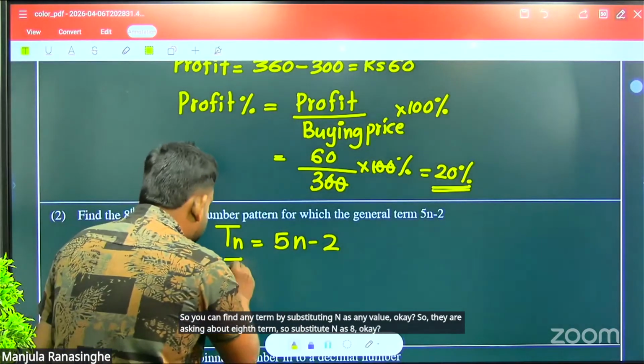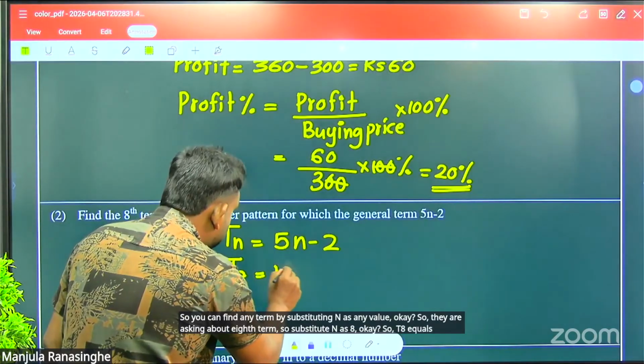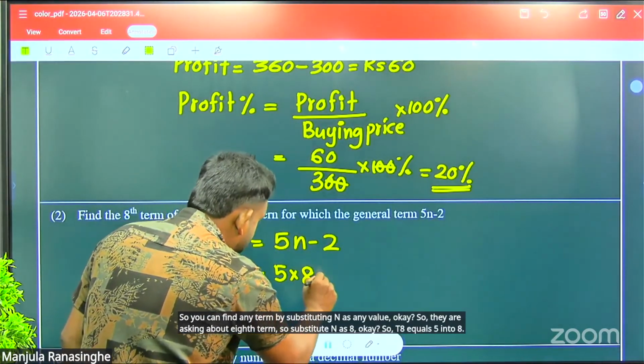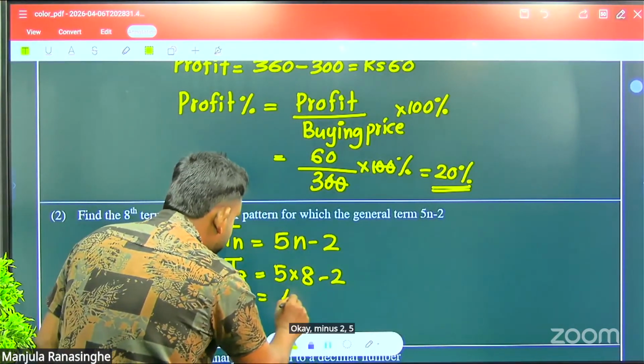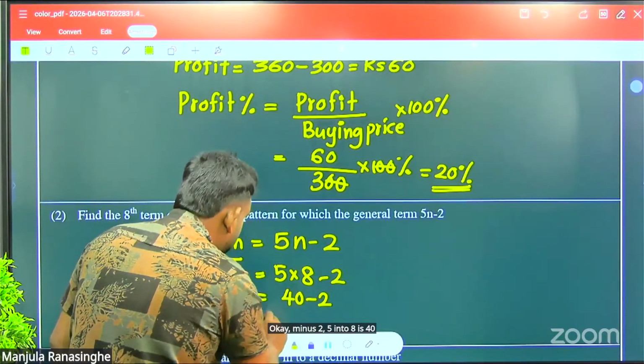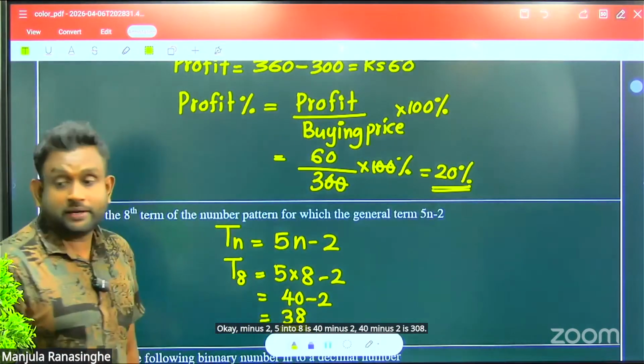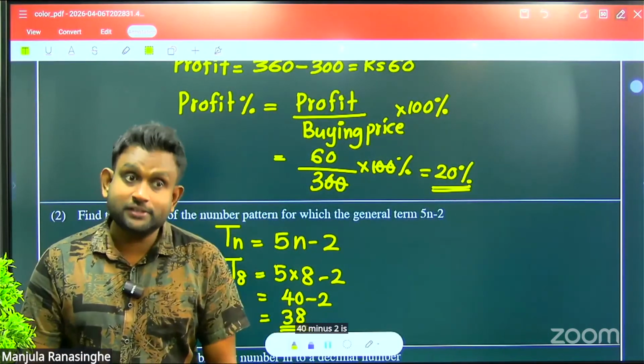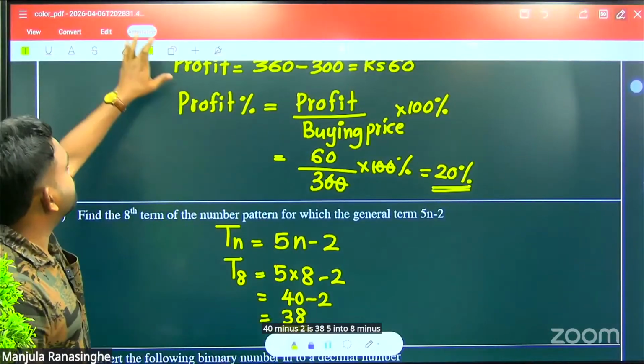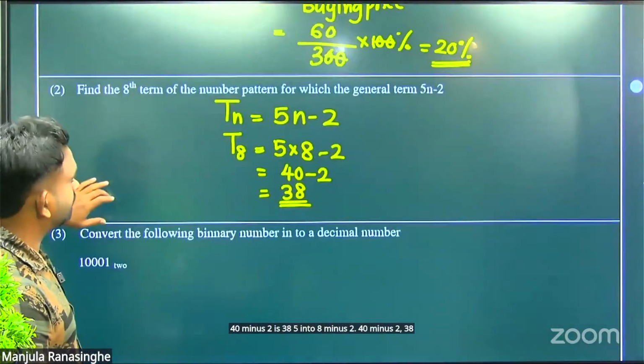T8 equals 5 into 8 minus 2. 5 into 8 is 40, minus 2 gives 38.